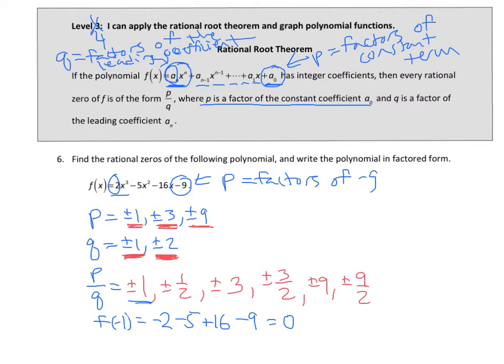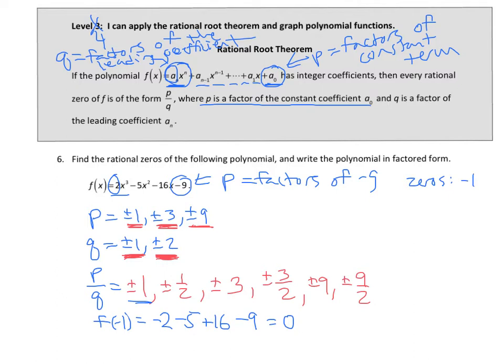Since I found one, I don't want to continue and test all these numbers because that will take a long time. Once you find one, you can use polynomial division to find the rest. So one of the zeros of this polynomial is negative 1.